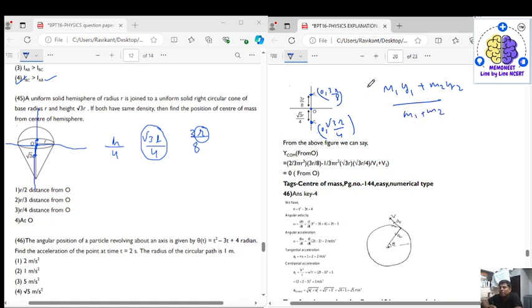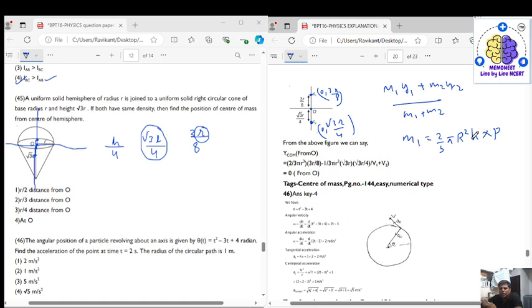Now both the bodies are made of the same material, so they have the same density. So m1, if we take it for the hemisphere, will be equal to 2 by 3 pi r cube into rho, right?